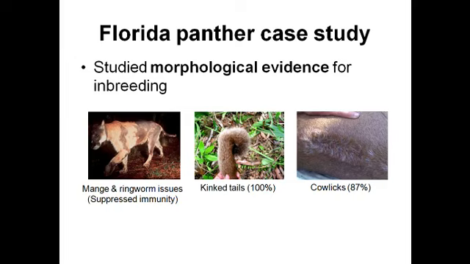And also almost all individuals that they handled had kinked tails, and many of them had cowlicks too. Originally the biologist who described this panther as a subspecies mentioned that these kinked tails and cowlicks are specific characteristics of this subspecies. But now we know that it's not the case.